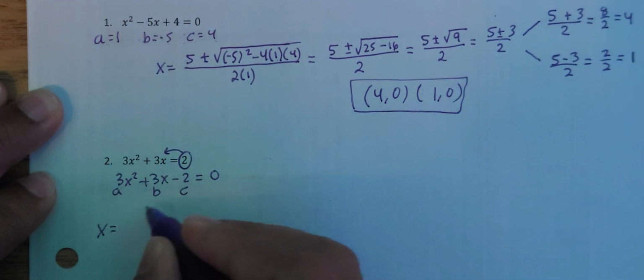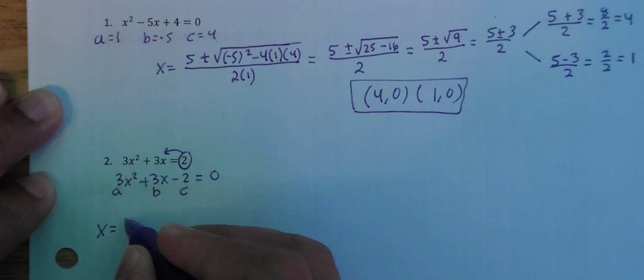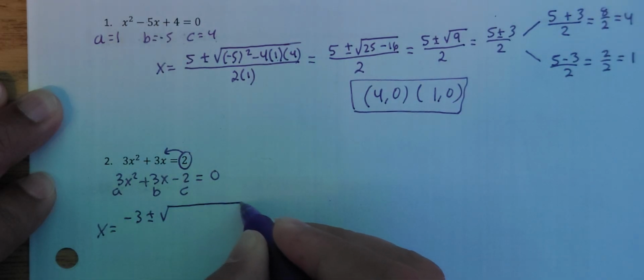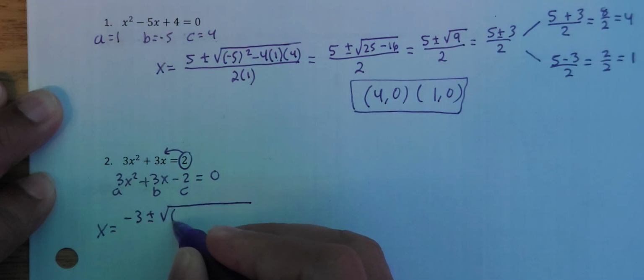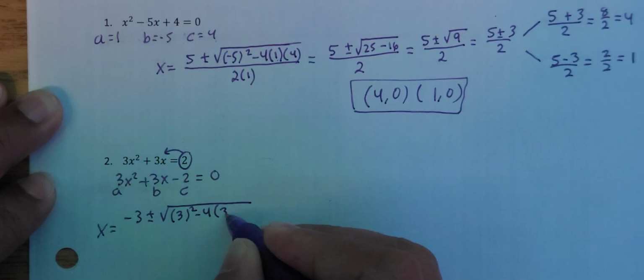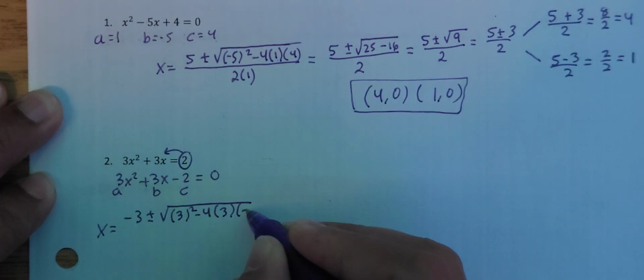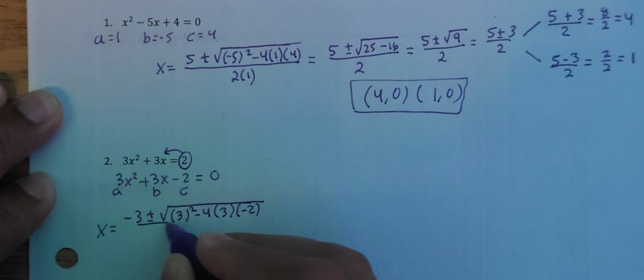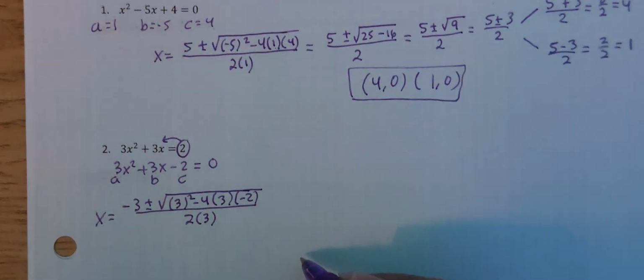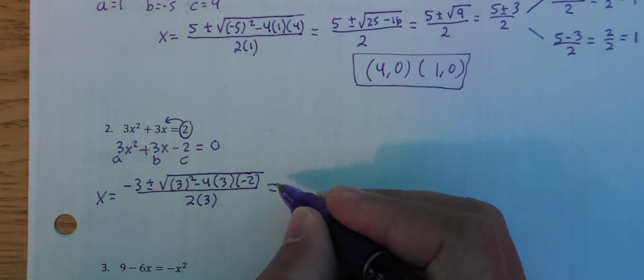So x equals the opposite sign of b, so that means -3 plus or minus square root of b squared, which is 3 squared, minus 4 times a, which is 3, times c, which is -2. Okay, all of this over 2 times a, which in this case is 3. So then once I've substituted, start simplifying.